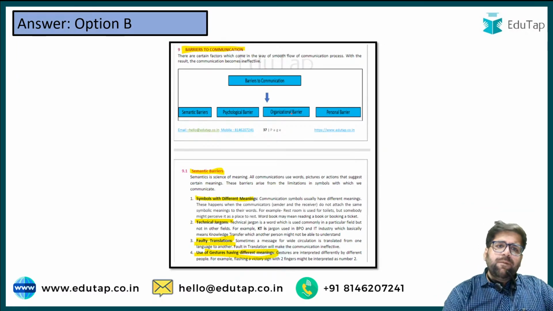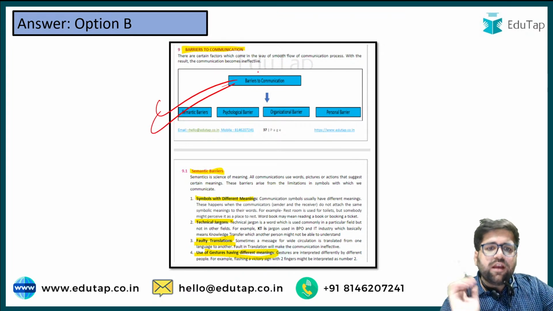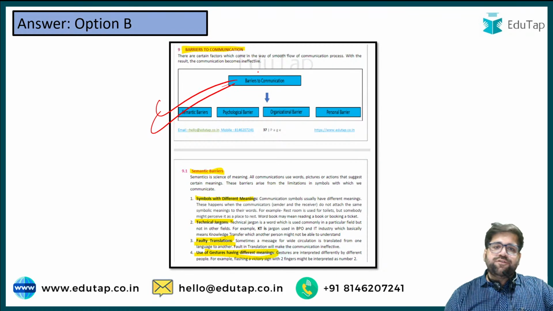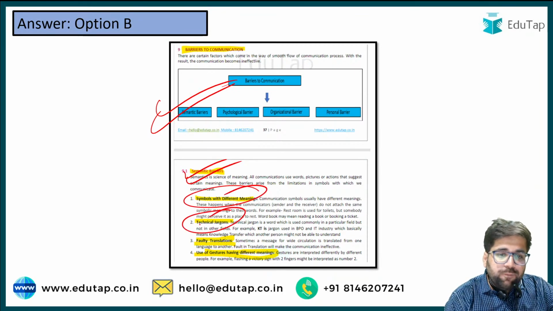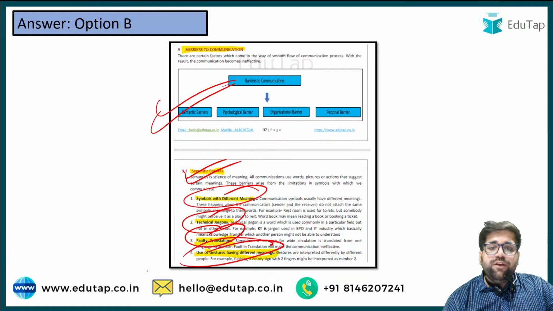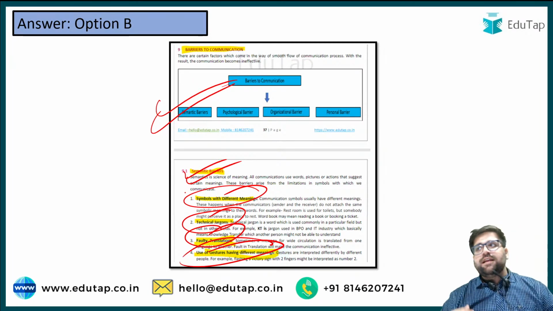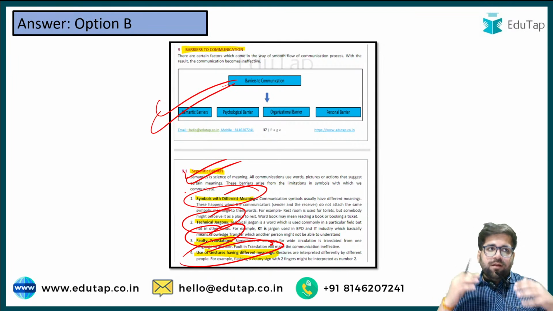So again, a beautiful explanation has been given in our concept notes only. And if you see the different categories which we have made, under semantic barriers we have told you different components. And mind you, my friends, if you are reading, let's take any course for example, then try to see how deeply they are covering it.